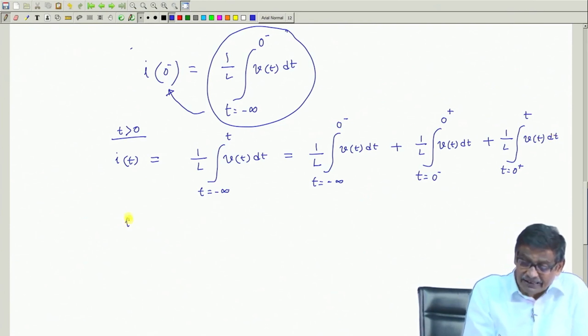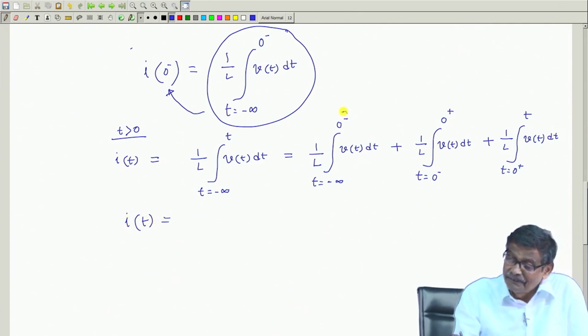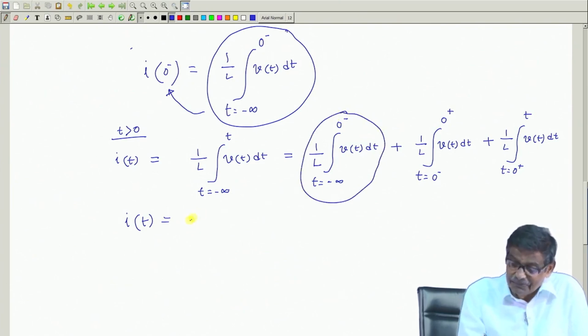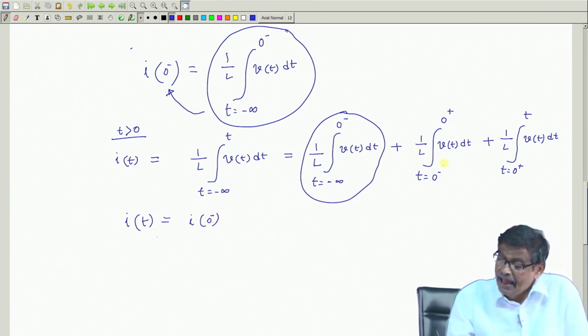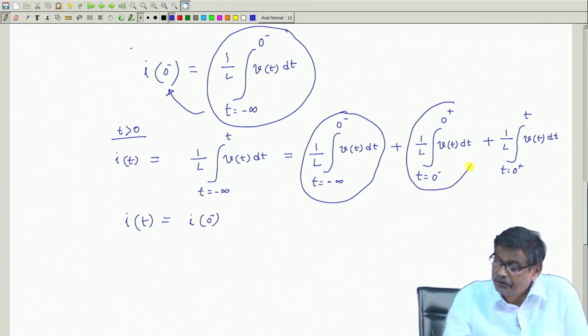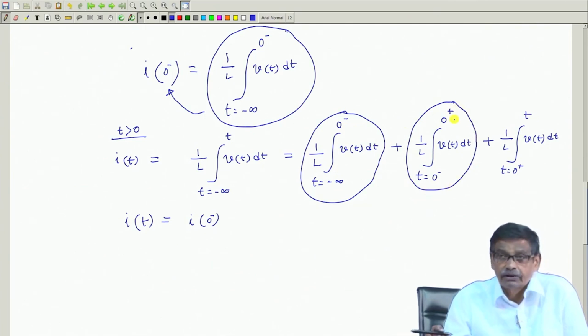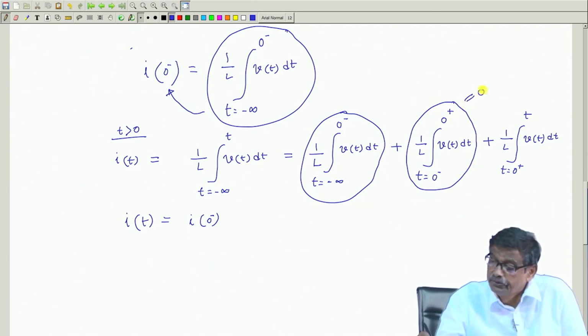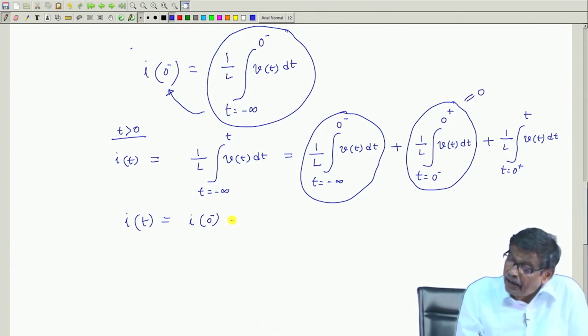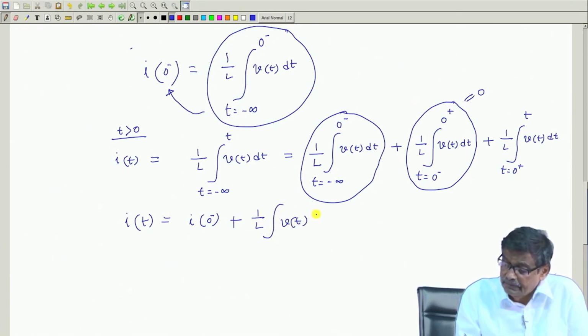Then the current at time t, I t, will be: this part is nothing but the current I 0 minus, and this part, as I told you, if V t is not an impulse, will be equal to 0, plus this third part, where you integrate knowing what kind of voltage you are applying, from t equal to 0 plus to t.